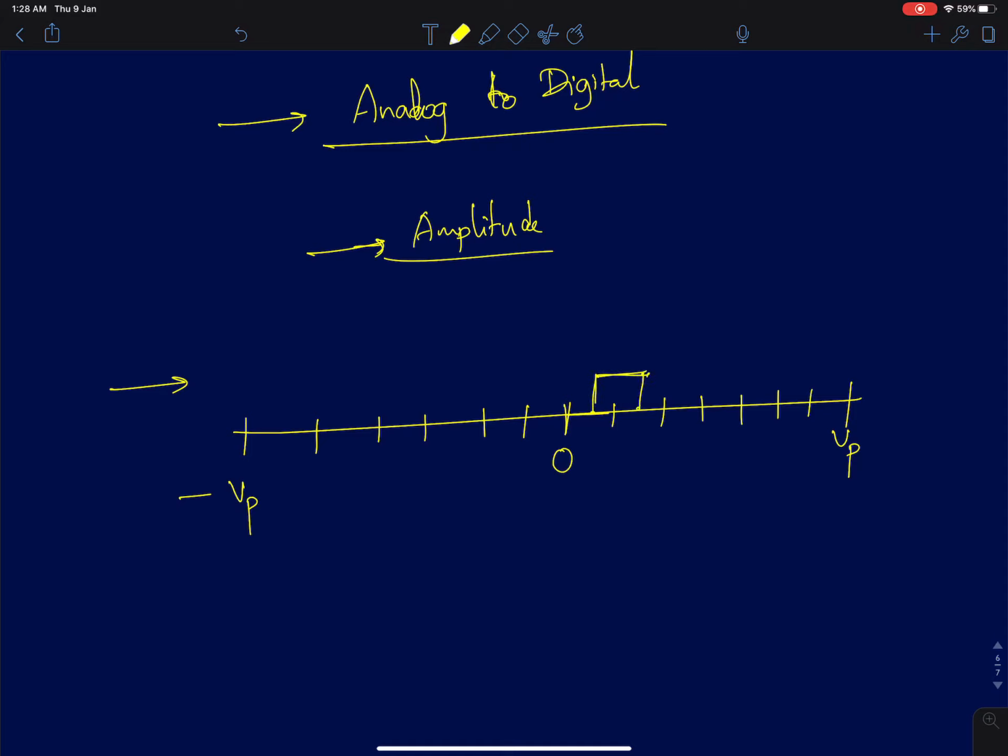So this entire region is going to be rounded off to some value at its center. Let's say this value is 0. This entire region is 0 right now. This can be made as 1, and this can be made as 2, and so on and so forth. So you will get a graph like this.